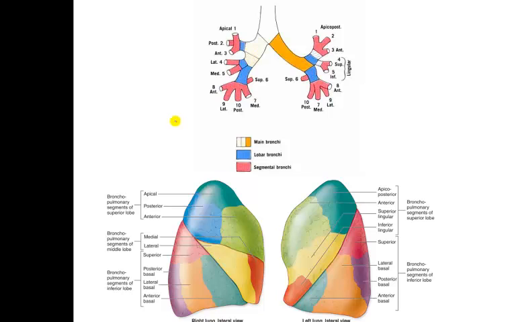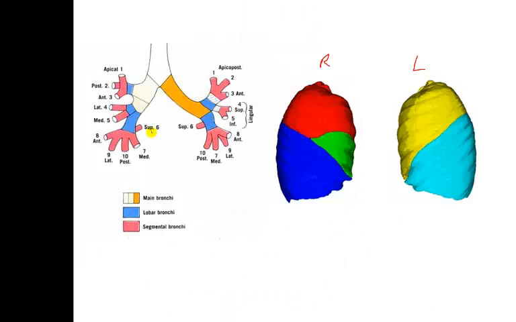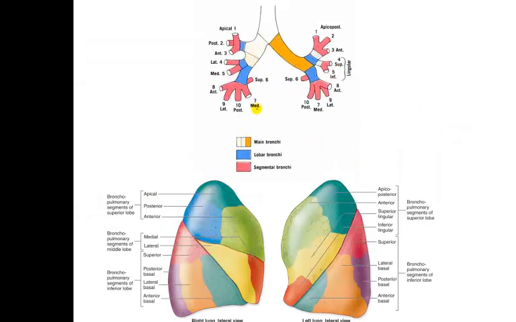Next, in the next branching are these red ones. They're called the segmental bronchi, and they serve what are called bronchopulmonary segments.